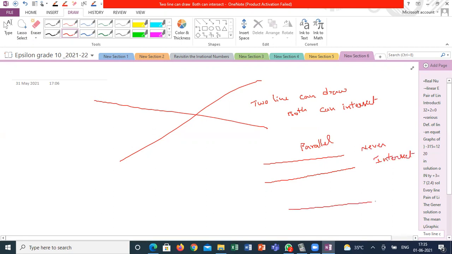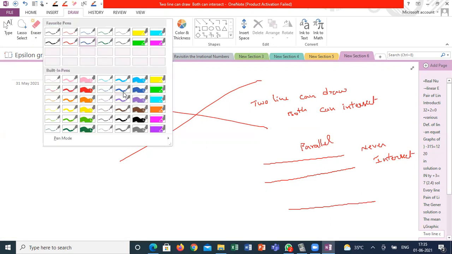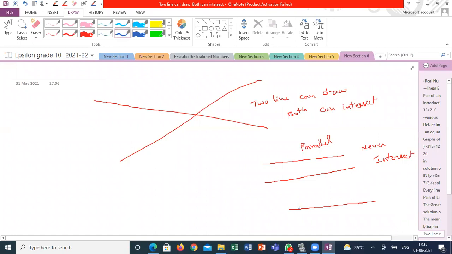Another one is, one line is like this, and another line is coinciding on the same line. This is one line, this is another line.